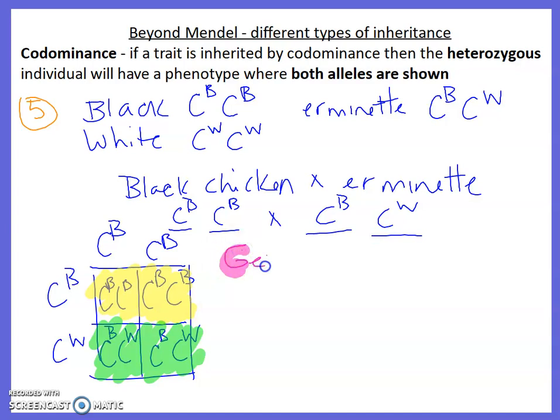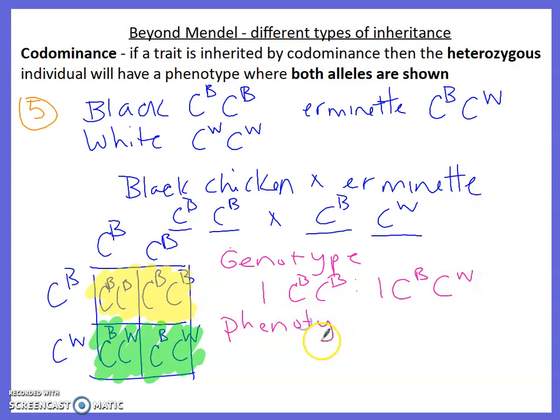So for our genotype ratio, we're going to have 1 C^B C^B to every 1 C^B C^W. The same will be true for the phenotype, except that we'll say what those physical characteristics are. So we'll have 1 black chicken for every 1 erminette chicken for our potential offspring for this cross.